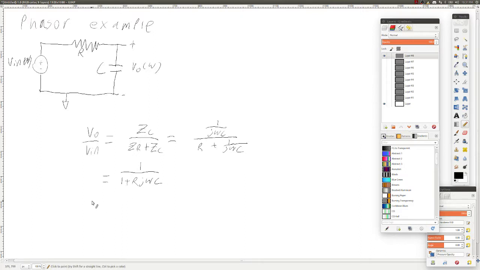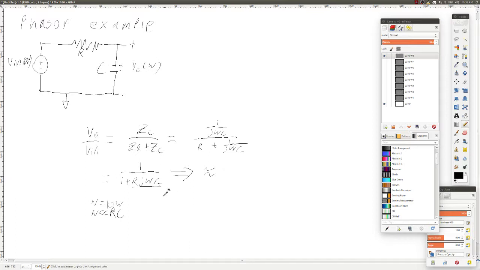For omega equals low, we'll say omega is much less than 1 over RC, then this term, R j omega C, is much less than 1, which means that this simplifies to approximately 1.